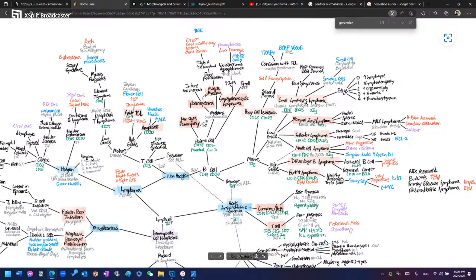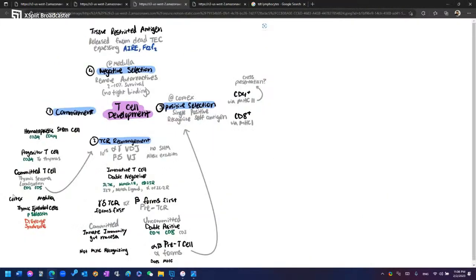And this one is actually the most common and the best treatable one. So it has CD5. CD5 is interestingly a T cell marker, if we remember, T cell CD5.